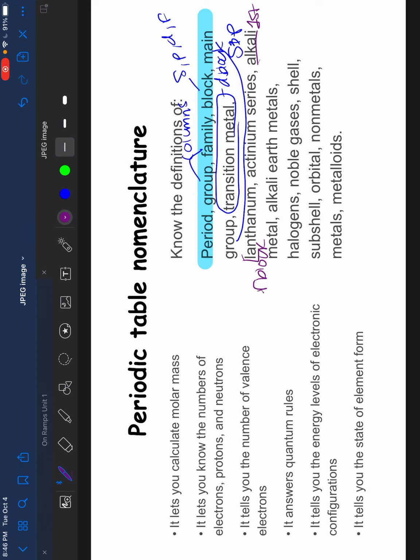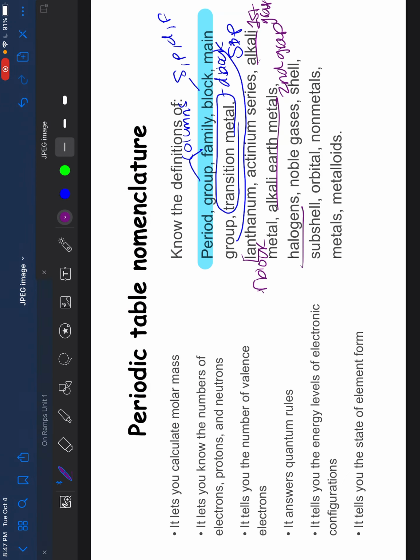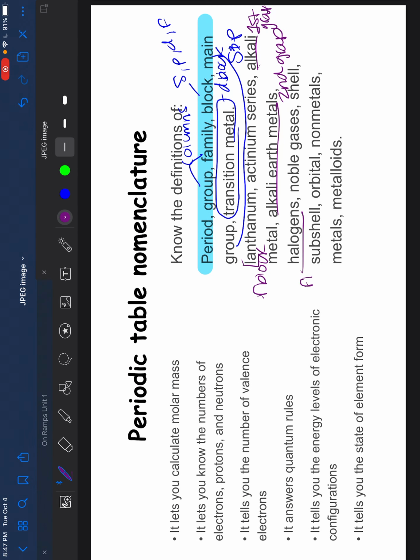Alkali metals, first group. Alkaline earth metals, second group. Halogens are going to be fluorine's group. Noble gases are going to be the last group. Know what a shell is.